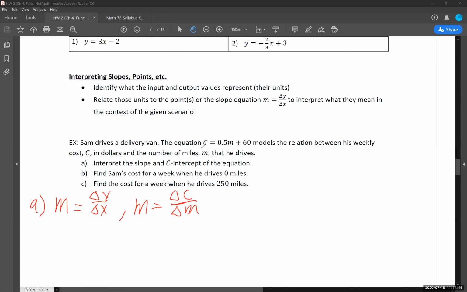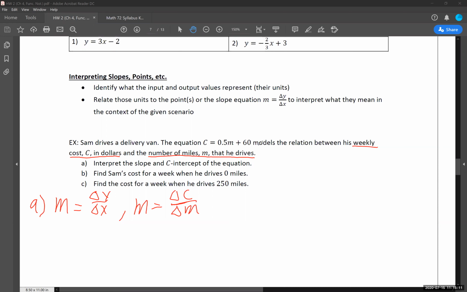The equation c equals 0.5 m plus 60 models the relationship between his weekly cost, c, in dollars, and the number of miles m that he drives. So the change in c over the change in m, we can think of that as the change in cost for the change in miles driven.